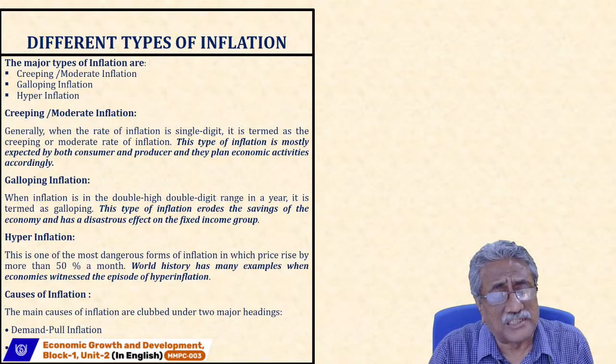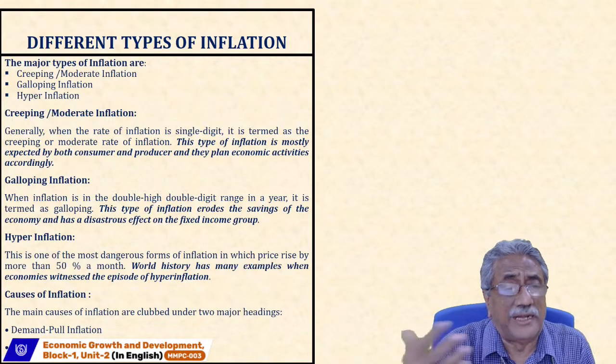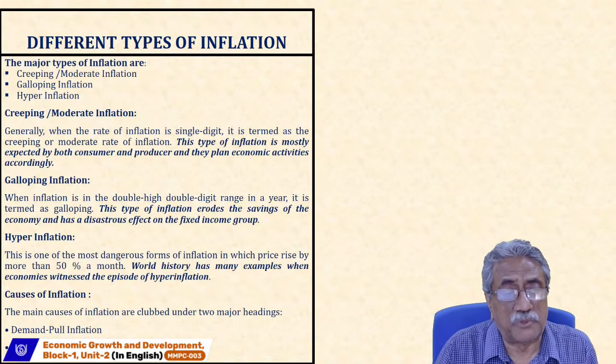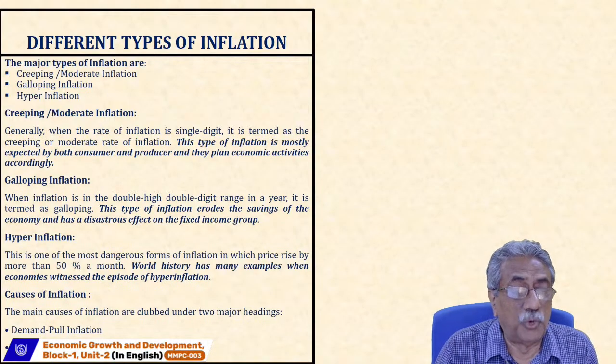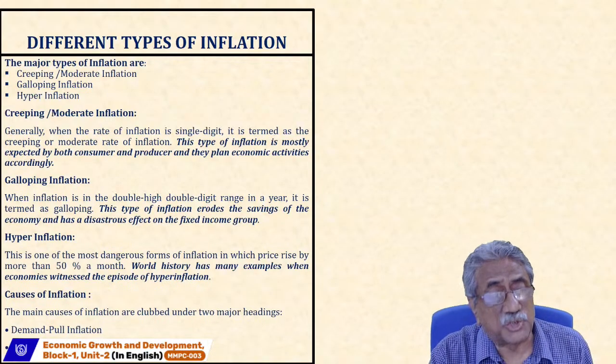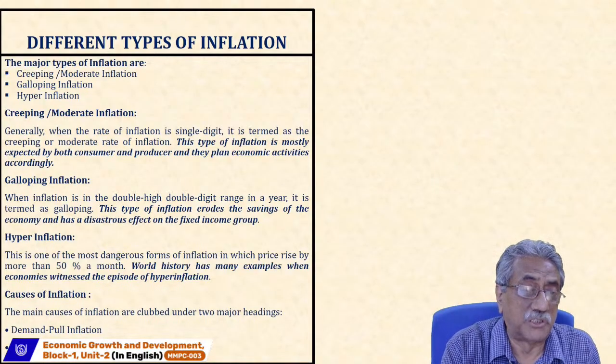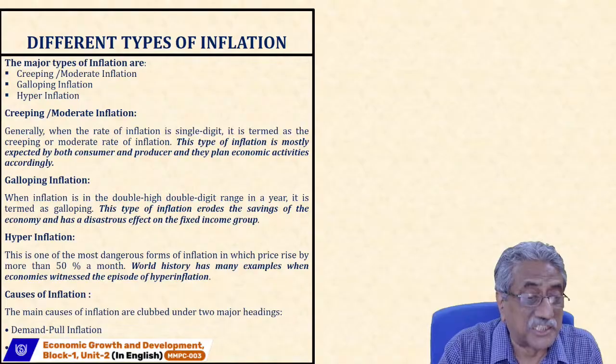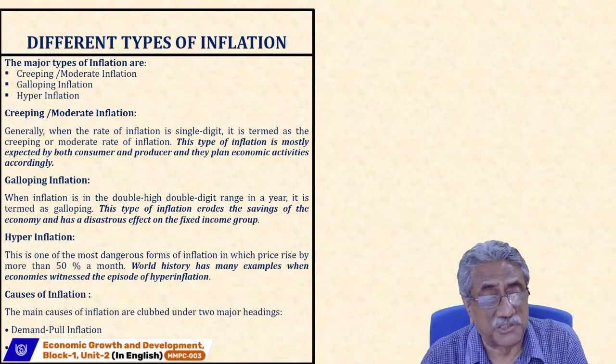Hyperinflation is when you go to the market and suddenly find onions are 80 rupees a kilo. World history has many examples, particularly during the Second World War or in Brazil. When you enter the restaurant, the price of coffee is 20, but when you pay the bill, it is 60. That is hyperinflation.